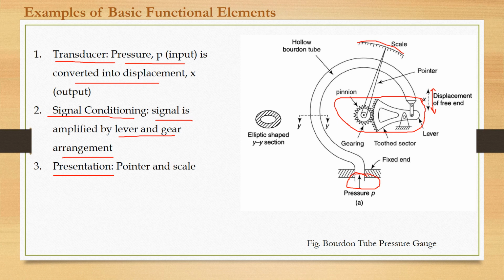This pointer and scale arrangement will give the display of the reading. So you can see that for any instrument, here we considered the Bourdon tube, you can also consider some other instruments, every instrument will have these basic functional elements, which are the transducer, signal conditioning element, and data presentation element.